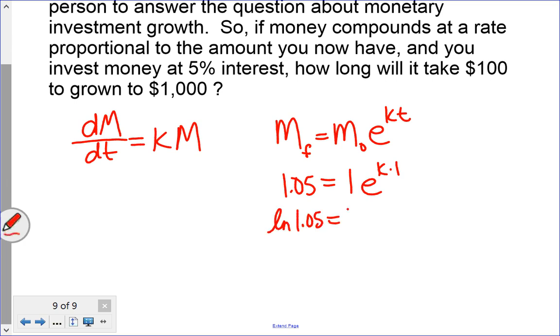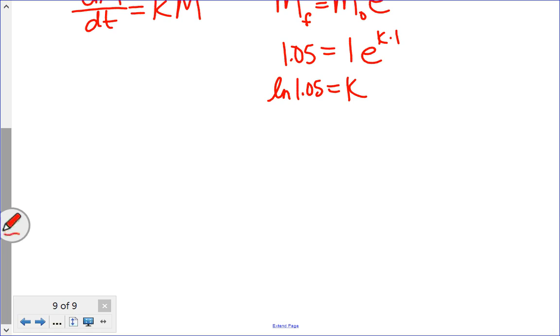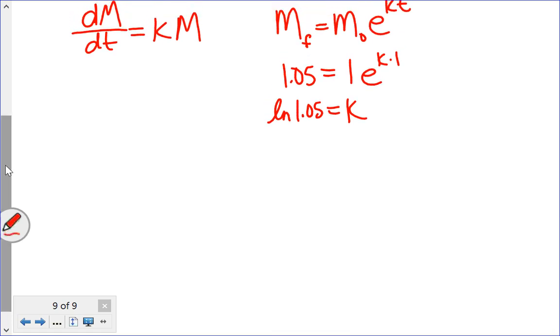So my model is the money final equals the initial money, e to the ln of 1.05 t. So that's what my k is. Ln of 1.05, and you can get a decimal for that. So now we just take the information that we have. We want to know how long it takes us to take $100 and get $1,000.